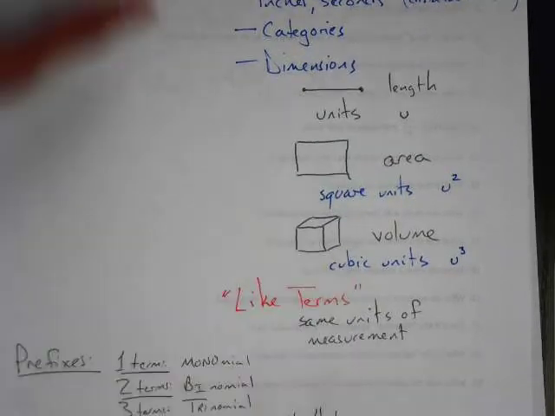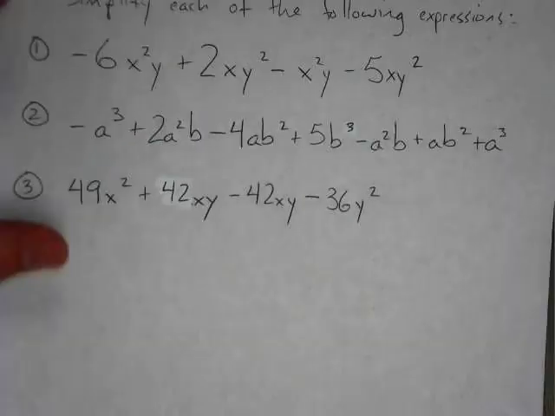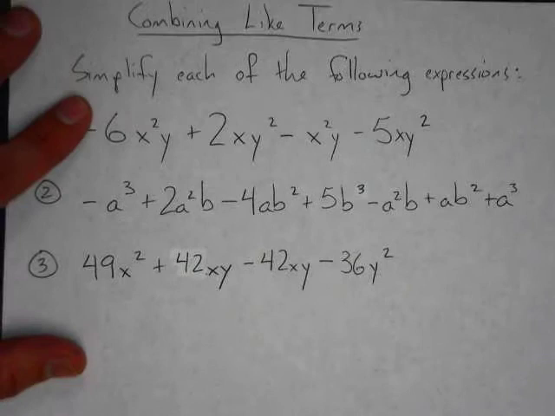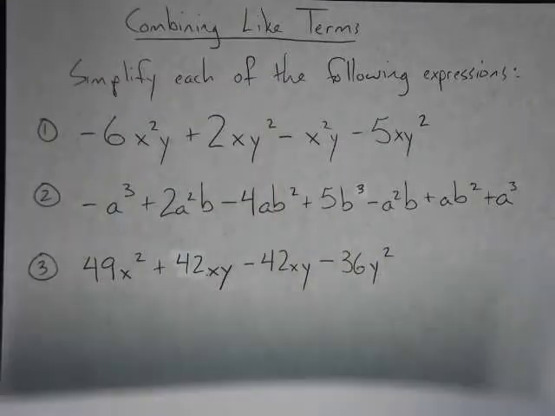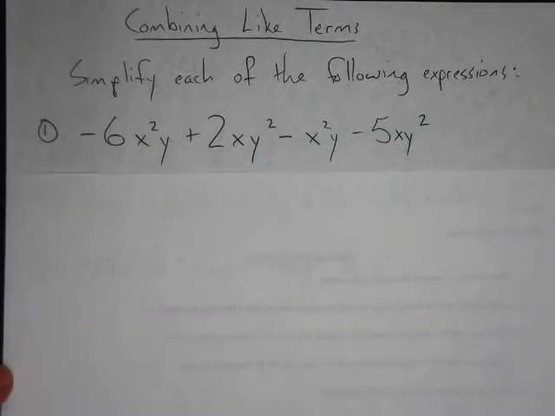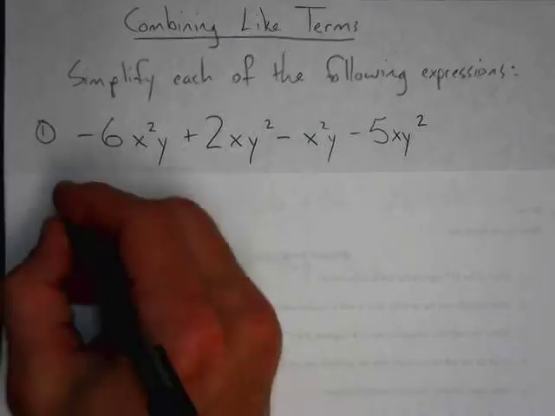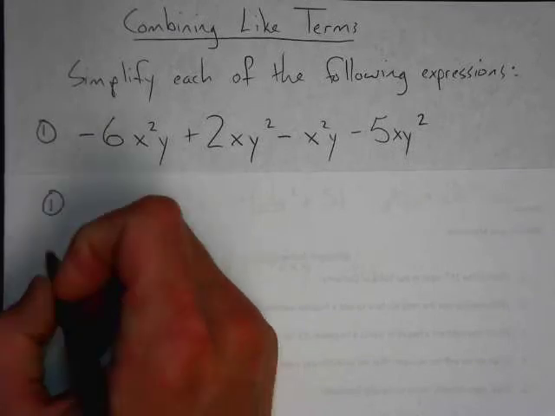Okay, so we're going to bust off of that note and get into a fairly quick lesson on combining polynomial like terms. So for each one of these expressions, we've got some craziness going on there. And what we're going to do is identify which terms are like and then combine them. Okay, so we're thinking of units of measurement. So I'm going to rewrite each one, but I'm going to rewrite it, reading it a little bit differently.